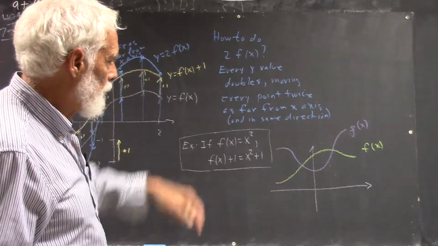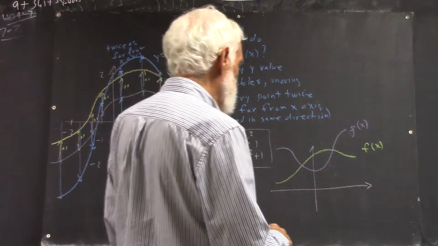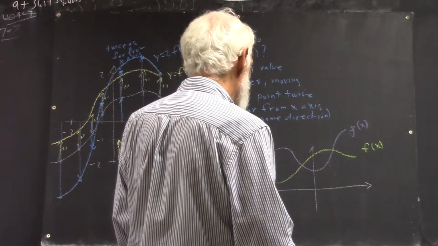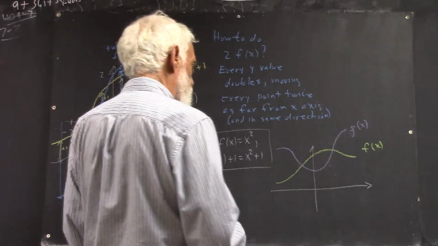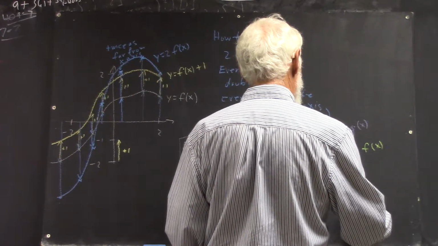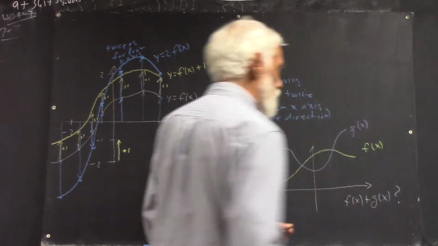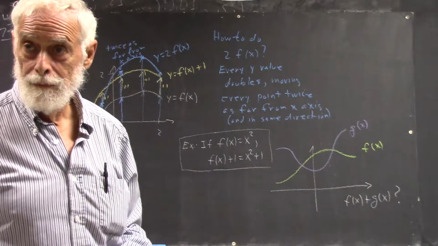Now I've got all this writing up there, and it wasn't a good idea to do this where I did, but we'll do it anyway. Okay, we want to do the function f of x plus g of x.